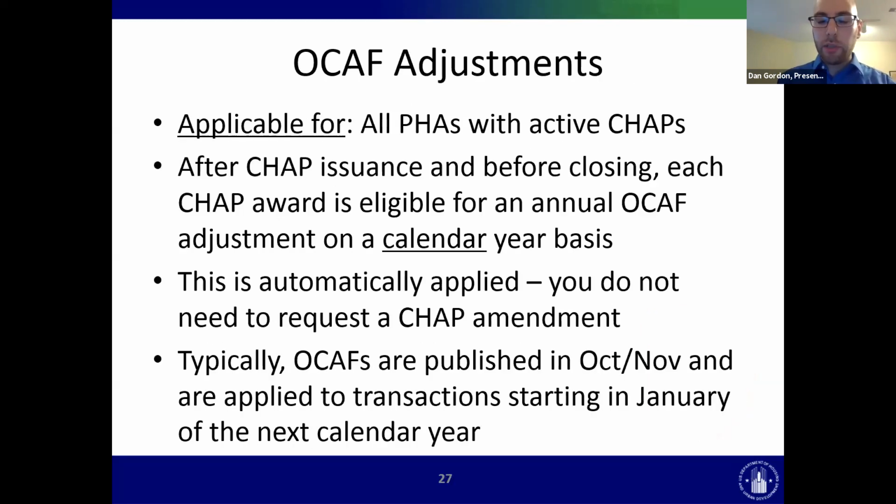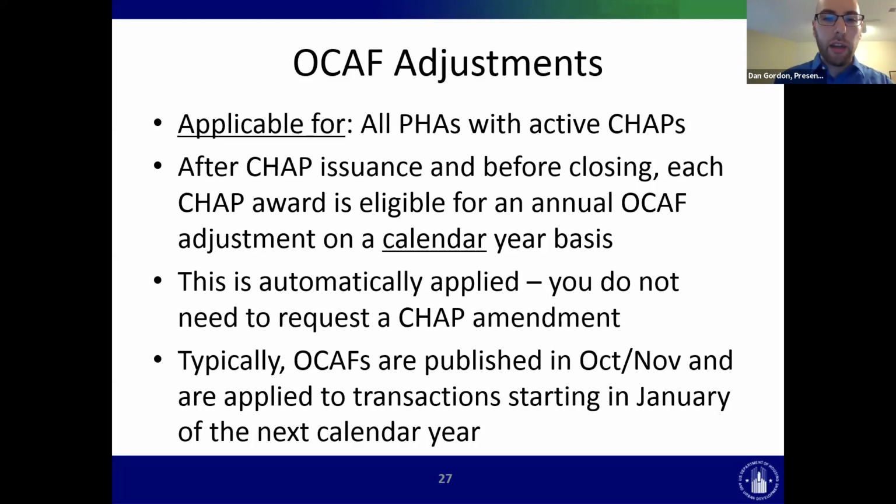And then OCAF adjustments. This is something that all PHAs with active CHAPs can take advantage of. Each CHAP award is eligible for an annual OCAF adjustment every calendar year. Because this is something for everyone, we automatically apply them starting in January of any calendar year.